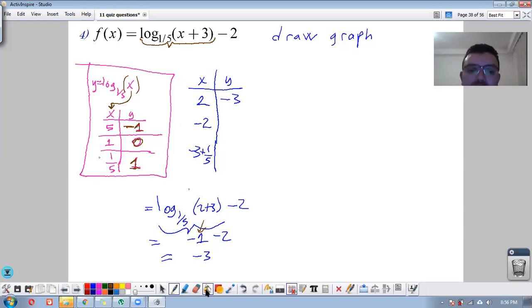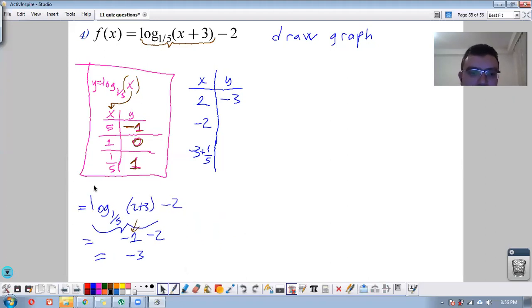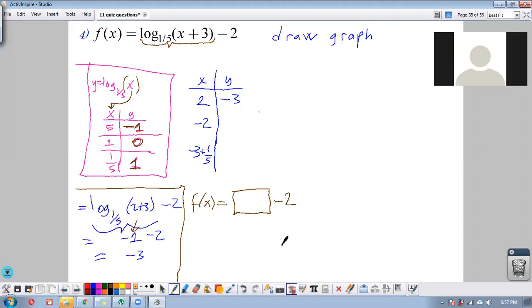So after you arrange these x numbers, to find the results for each case, f of x has a logarithmic part. After the logarithmic part, we have minus 2.